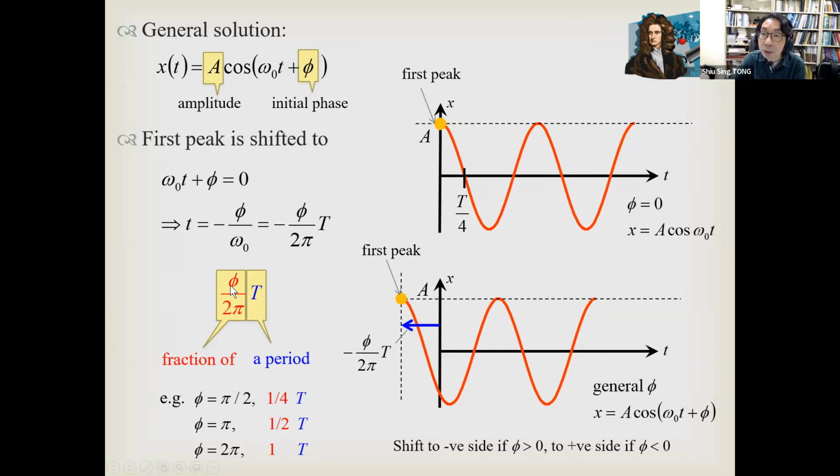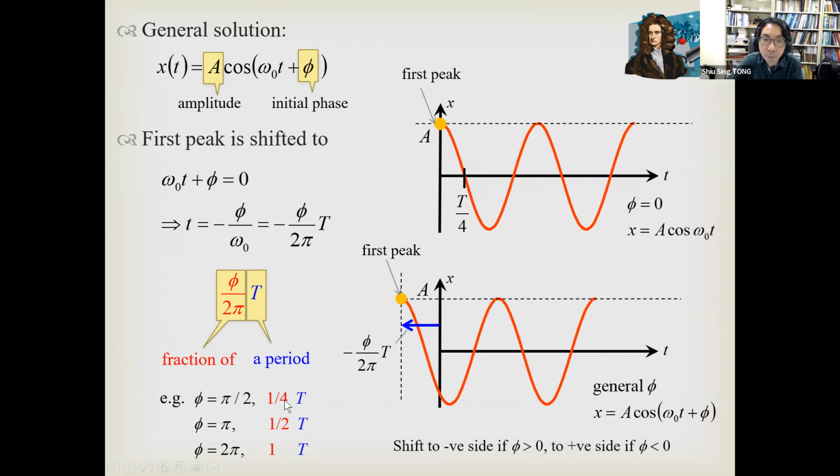So if you have a phi inserted here, that means your peak position will be shifted by phi over 2 pi of a period. That is the meaning. It is useful to memorize some special angles. For example, if phi is equal to pi over 2, then phi over 2 pi is a quarter.